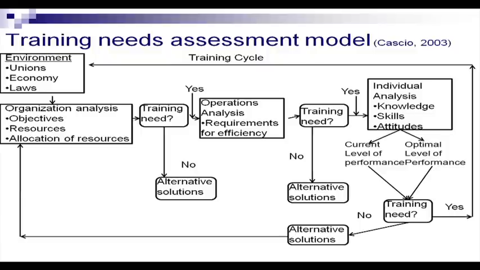So various forces within the environment that can influence training needs are unions, which means the employees get together and they have certain needs that they communicate to the organization, to the senior management.